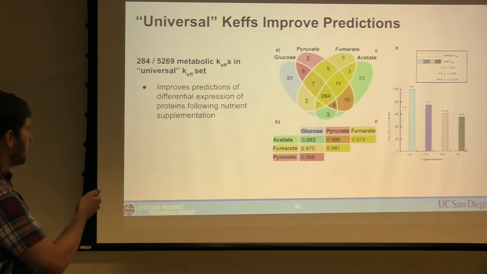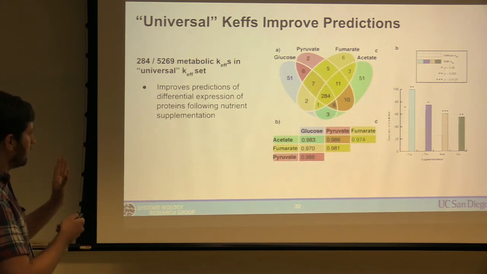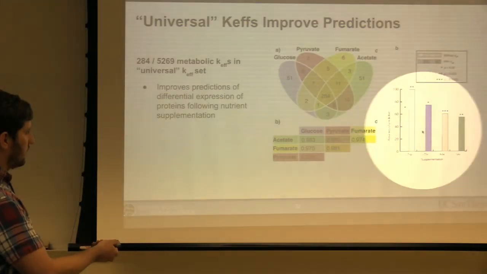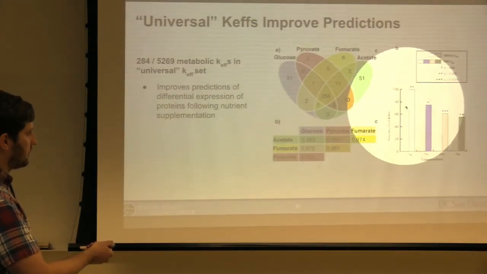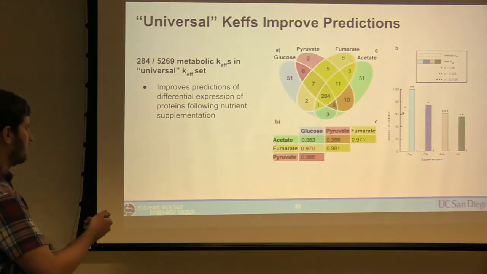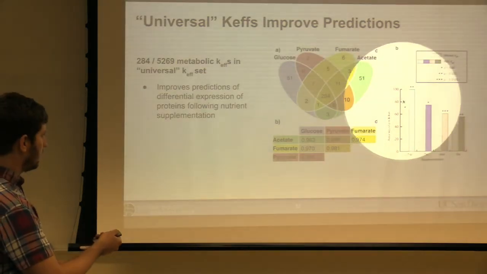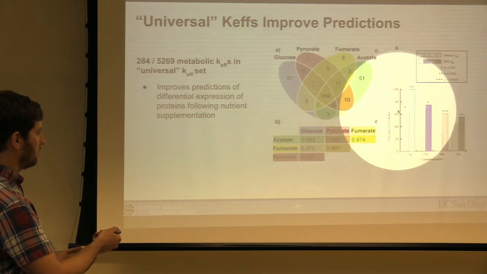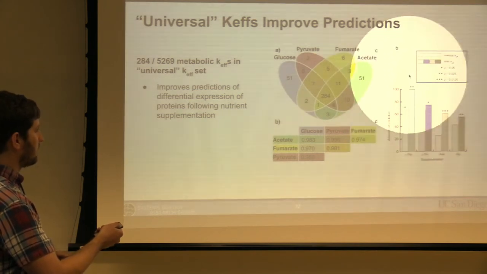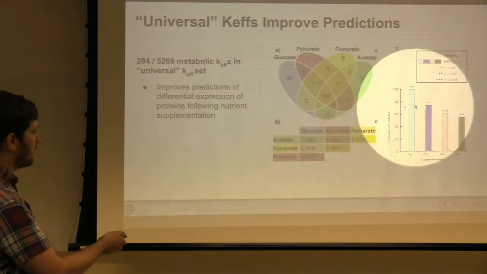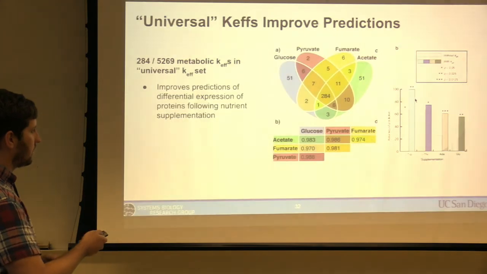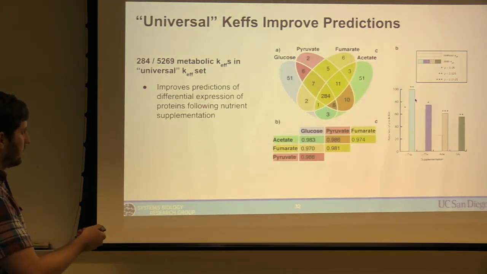And so if we actually take these K-effectives and use them in the model, we see that for, so this is differential expression. You can't really see the left bar, but it's wild type, or just glucose grown, and the differential. The left bar is without the 284 K-effectives, and the right bar is with the 284 K-effectives.